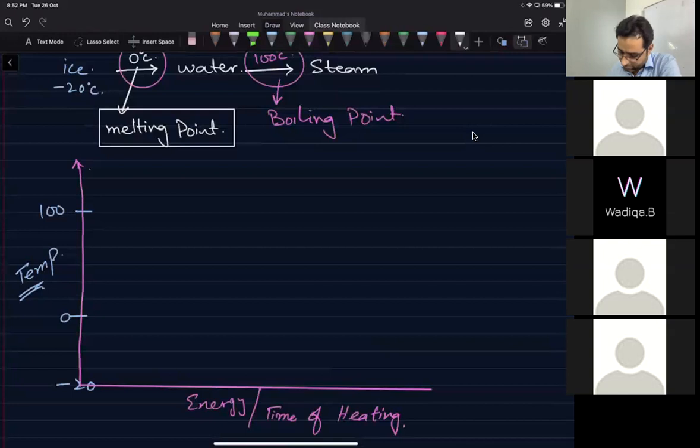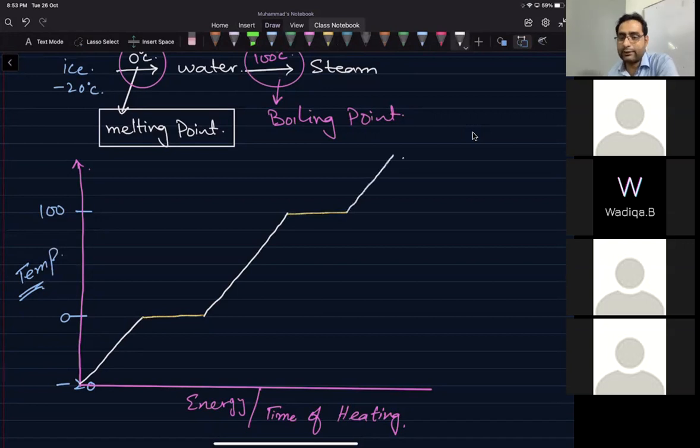So when you heat up, temperature will increase, and it will come to 0 degrees C. And then for some time, this temperature will be constant. This is a constant temperature. Again, it will increase and come to 100 degrees C. And then again, it will be constant for some time, and then again rise. This is the heating curve.